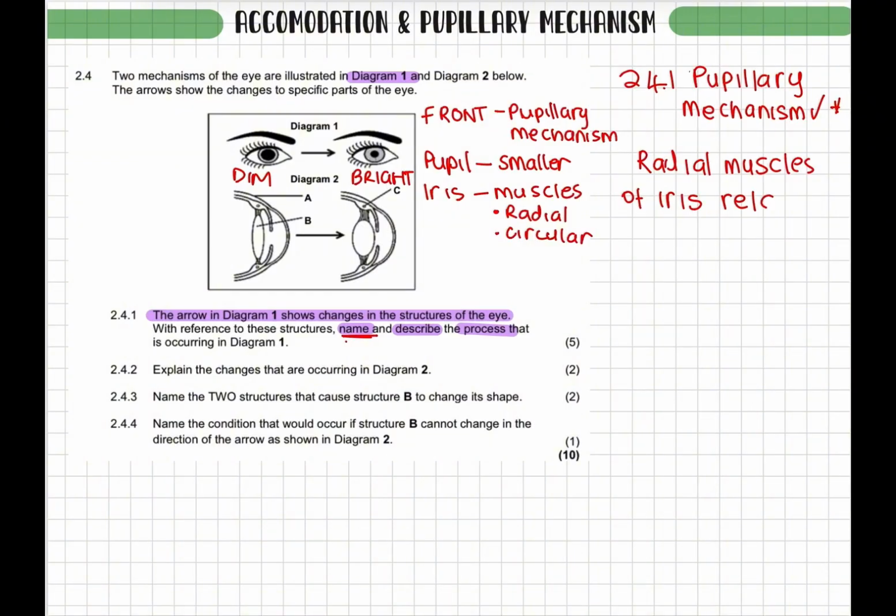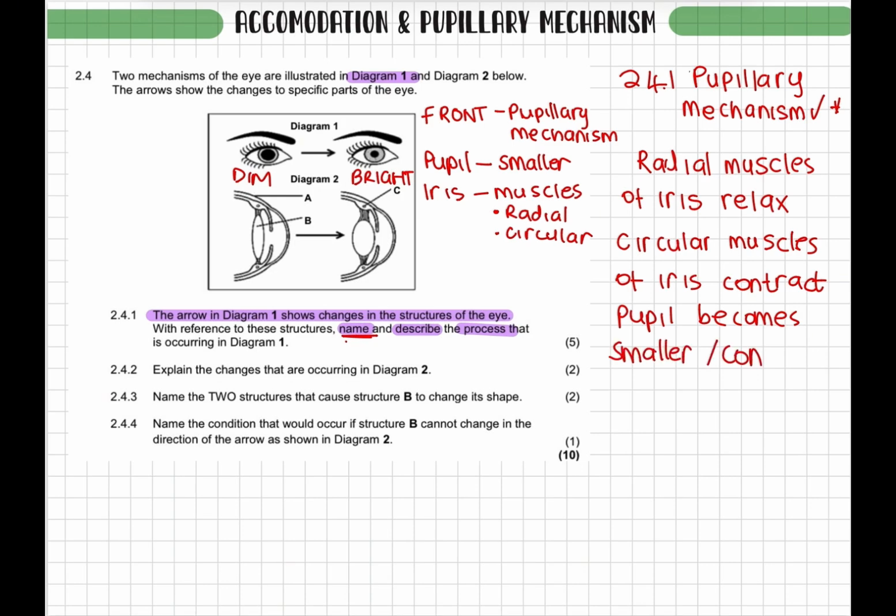They are going to relax so that the circular muscles of the iris contract, and then the size of the pupil will become smaller. Or you can mention that it constricts, and then less light will enter the eye. Now there are only 4 points here, so 1 mark for each point.